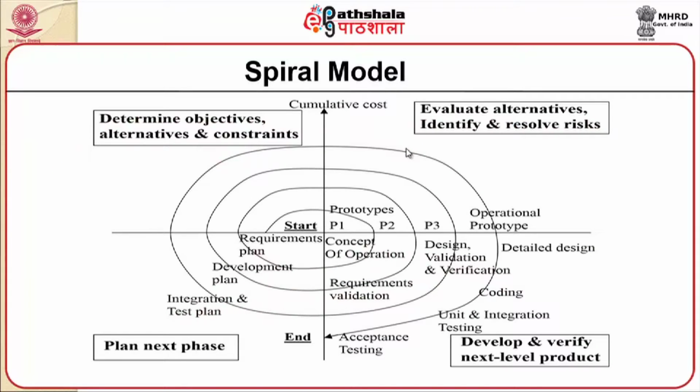Now look at the entire model structure, where it has been divided into 4 phases. We will start with the first phase, which is called determine objectives, alternates and constraints. So given any specific project, the main objective is to understand why I have to approach the particular problem.